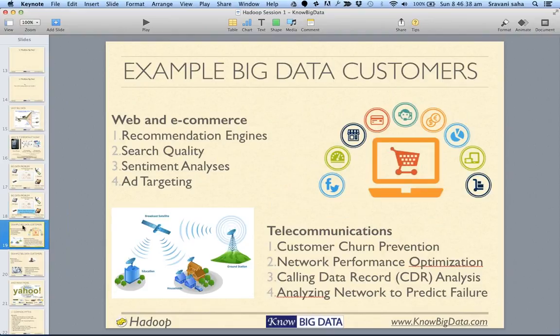Now these are a few example data customers. First and foremost is the recommendation system. Recommendation system is probably the first example of why we needed big data, or what we could do with big data.